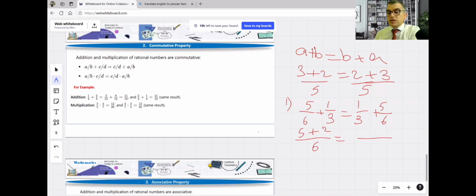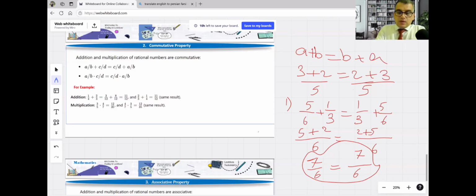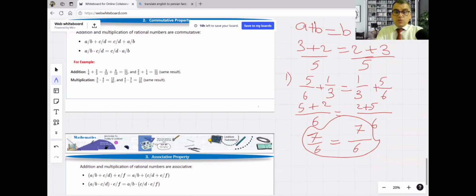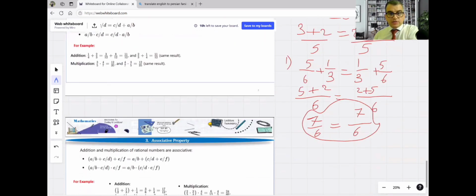On the next side, again 6 is the common denominator between these two fractions. It will be 2 plus 5. The left side is 7 by 6, and the right side is also 7 by 6. There is no change in the result whenever you exchange the places of two rational numbers.